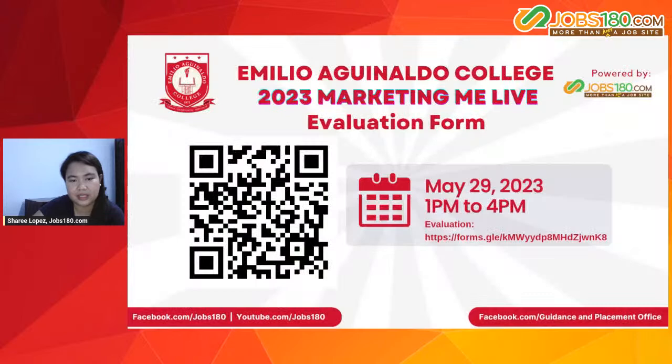Everyone, please don't forget to evaluate. We are putting the QR code on your screen, and we'll also put it in the comment section. Please make sure to follow facebook.com/guidance and placement office for the announcements and instructions for the June 9 virtual career fair. Please scan the QR code because this will be the basis of your attendance.